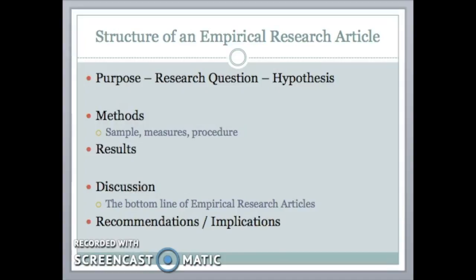The authors will write in the abstract, the purpose of this paper was to explore the link between eating red meat and getting cancer. Or the purpose of this paper was to investigate the connection between eating red meat and cancer rates. Or the purpose of this paper was to research the link between eating red meat and getting cancer. It's always one of those verbs: to research, to investigate, to explore.